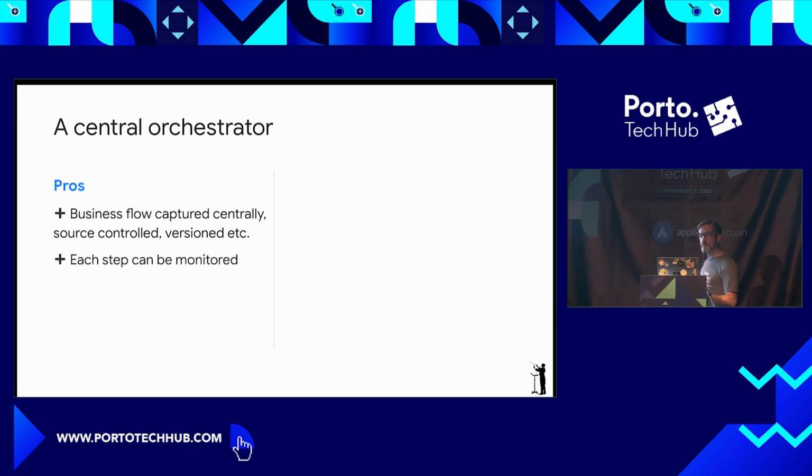Each step can be monitored. Usually with all those tools, you're able to say, okay, I'm at this step, at this stage of my workflow, of my business process. Errors, retries, timeouts, all the error handling aspects are now centralized, because it's at the level of the workflow definition that you can say, okay, I want to wait for 10 seconds, but not more.